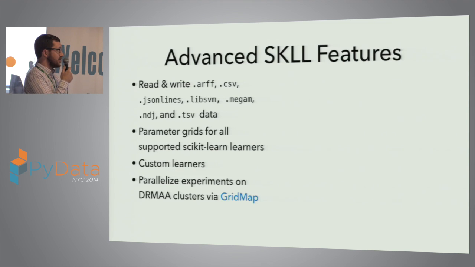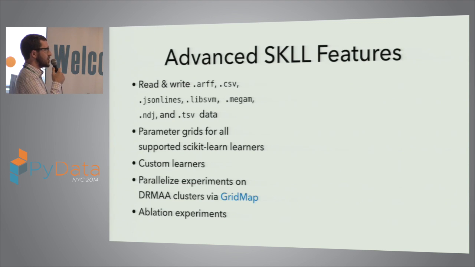I mentioned that we use GridMap to do a lot of parallelization of experiments, because typically we're running huge numbers of experiments on our cluster. The huge number of experiments typically comes from our support for ablation experiments.